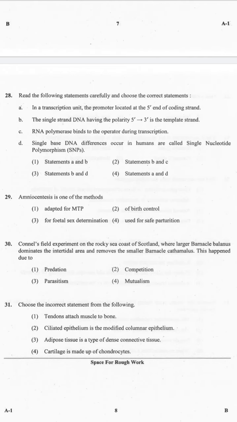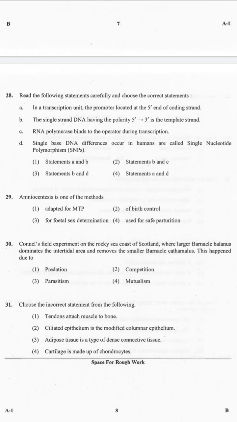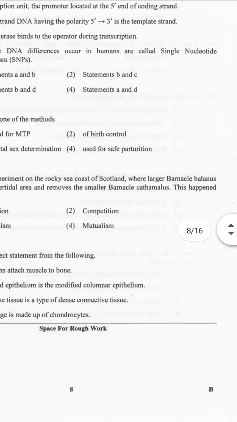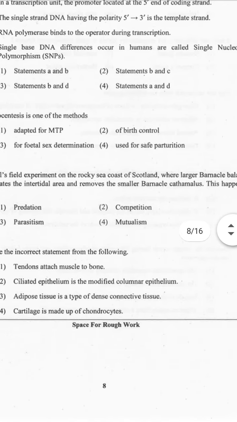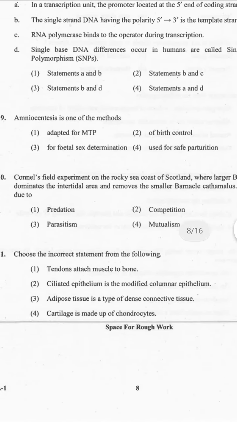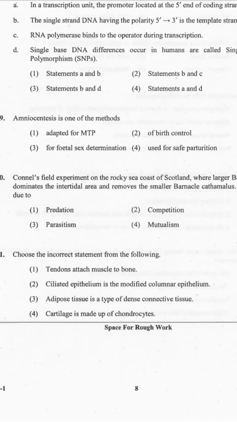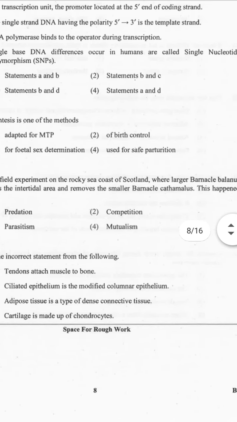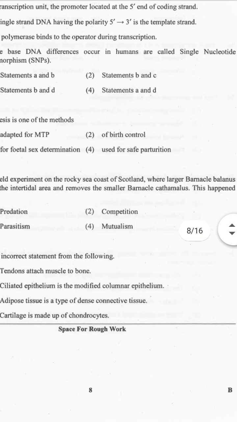Question number 30. Connell's experiment on the rocky sea coast of Scotland, where larger Balanus barnacles dominate the intertidal area and remove the smaller Chthamalus barnacles.